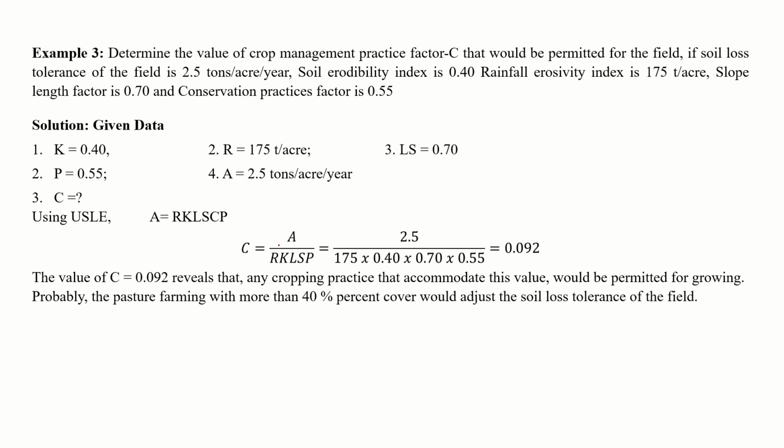Now determine the crop management factor. Here we need to find the value of C. The other parameters are given: K, R, LS of 0.70, and the conservation practice P. The soil loss from the field is given as 2.5 tons per hectare per year. Using A equal to R K LS C P, I need C. So C is equal to A divided by R K LS P. Substitute all the values and you get the C value.